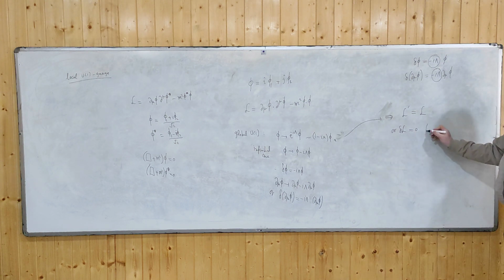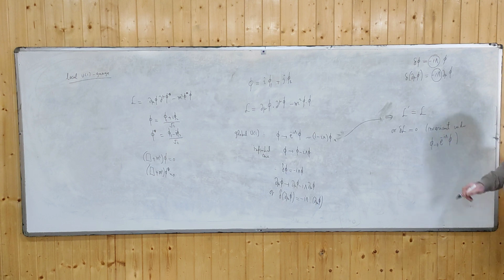It is an invariant object, invariant under e raised to the power minus i lambda times phi. Got it?